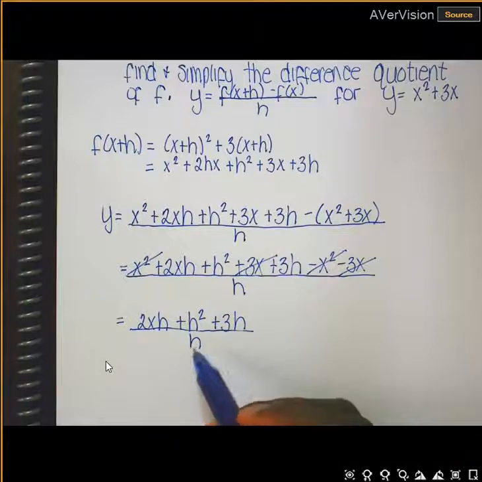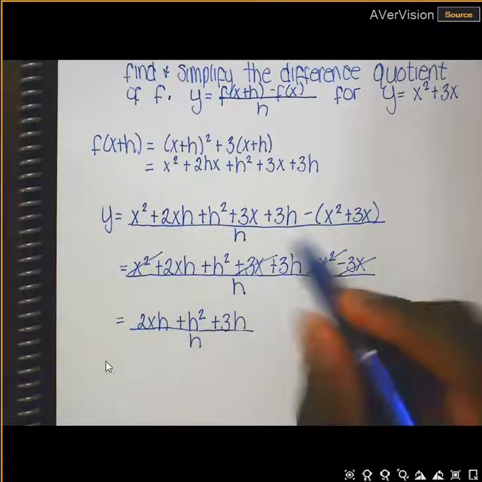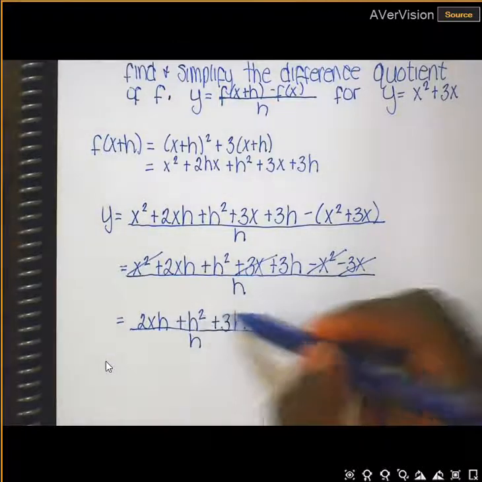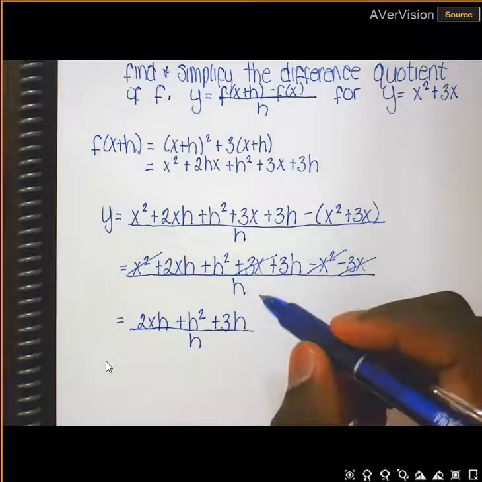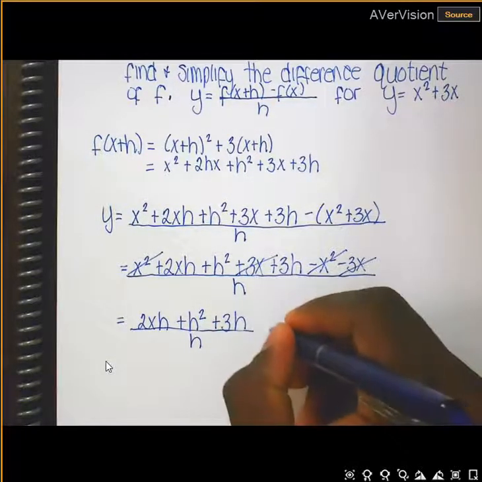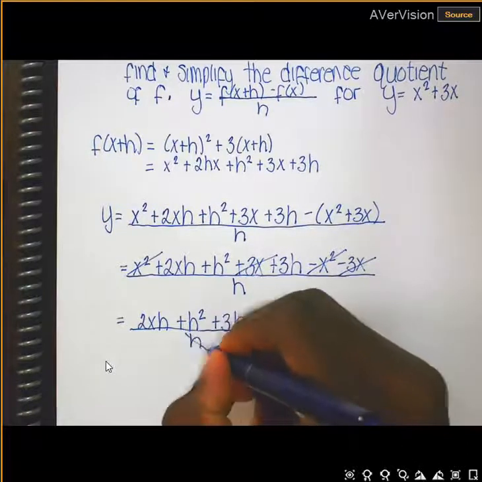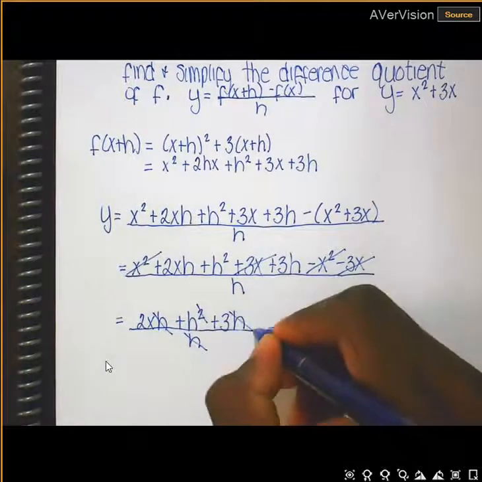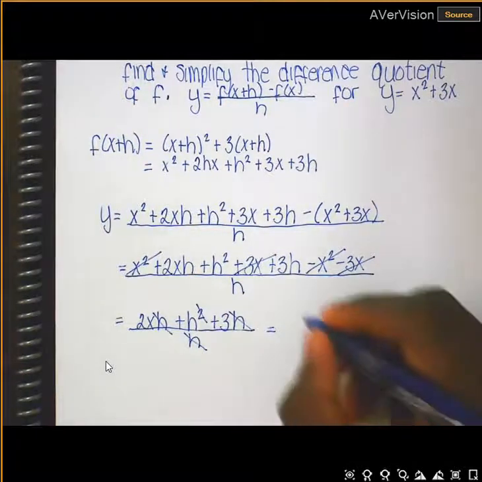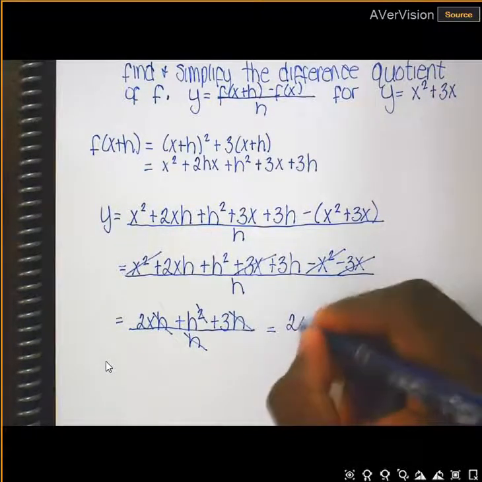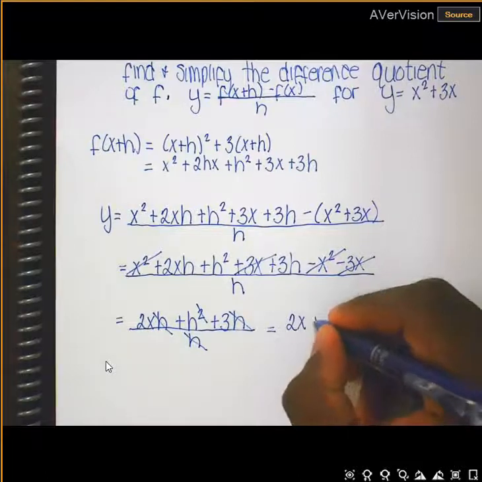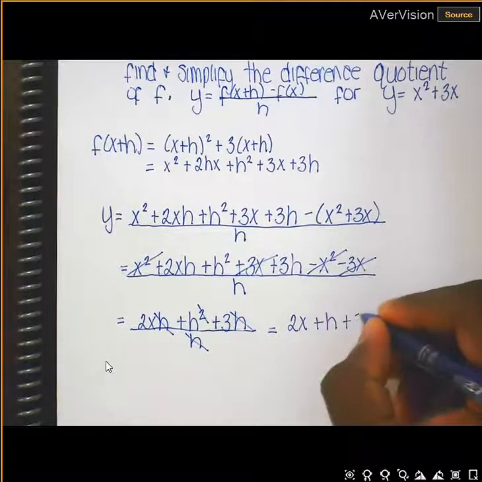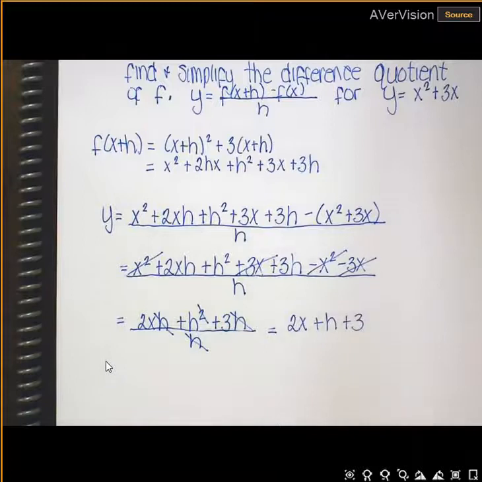So that means this one h in the denominator cancels out one h in each term. So this h is going to cancel out with each of these. And we're left with 2x plus h plus 3.